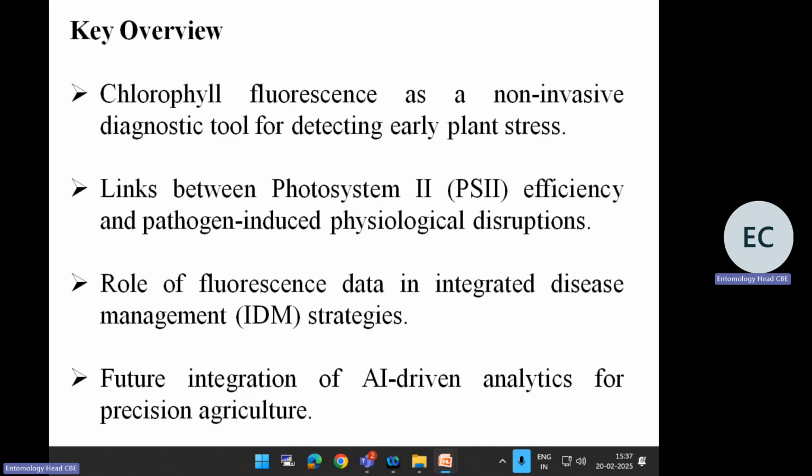Then the role of fluorescence data in integrated disease management, how we can use the fluorescence data in rapidly detecting, rapidly screening, and also controlling to an extent. And also future integration of artificial intelligence driven analytics and precision agriculture.